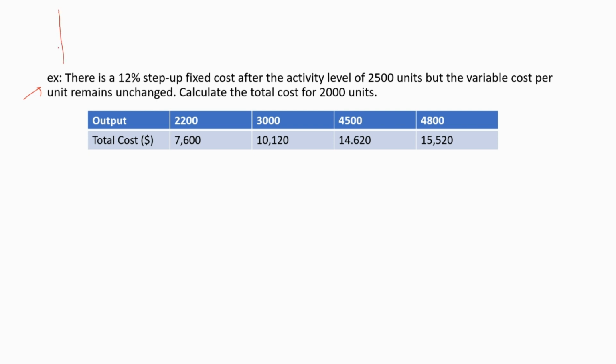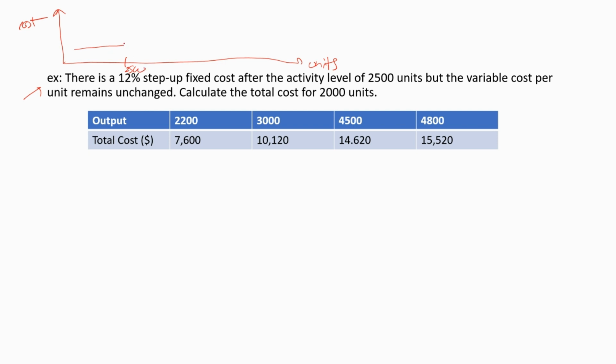First of all, let's draw a graph for the step fixed cost. This is the cost. This is the units. So what will happen after 2500 units? Let's say this is the 2500.